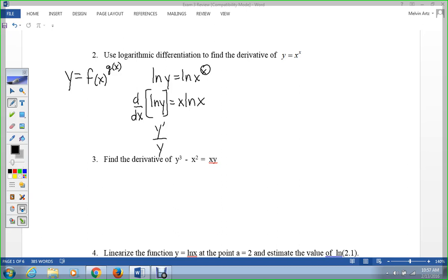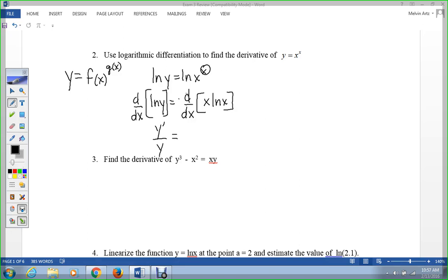Now we're going to be taking the derivative of the right side of the equation. So we're going to take the derivative again with respect to x of our x ln of x.